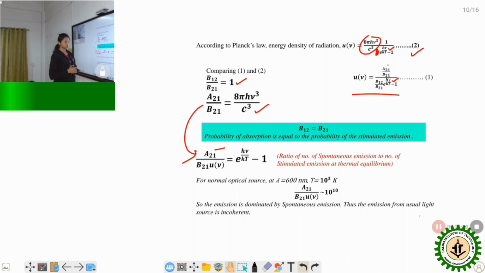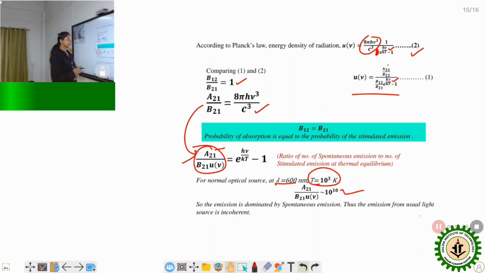For a normal optical source at temperature 1000 Kelvin with wavelength 600 nanometer, this value is 10 to the power 10. So with this value we can see that spontaneous emission is very high compared to stimulated emission with a normal optical source.